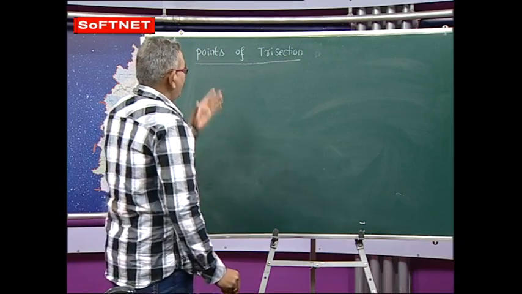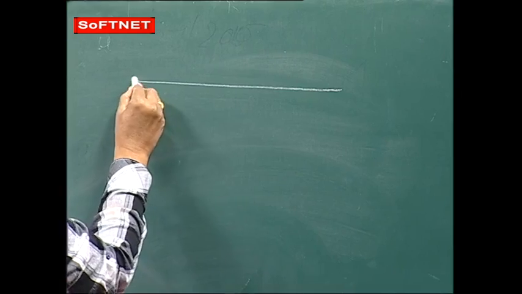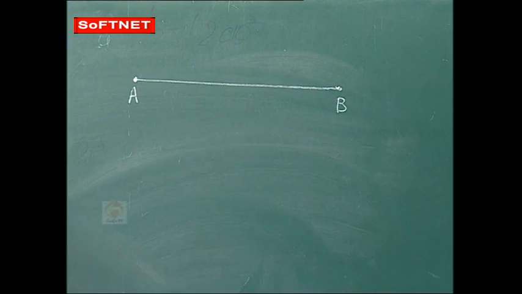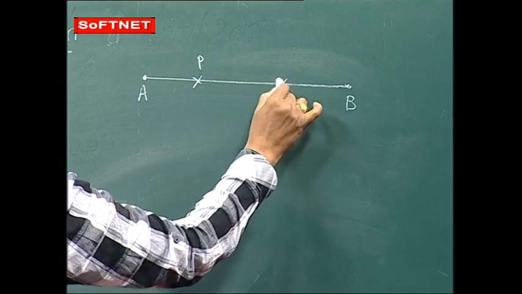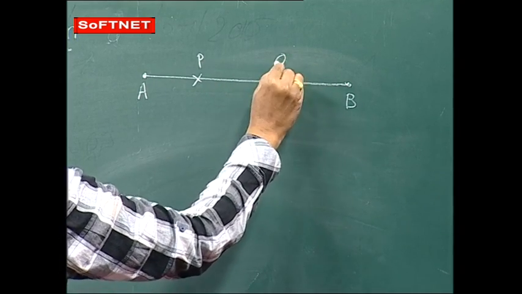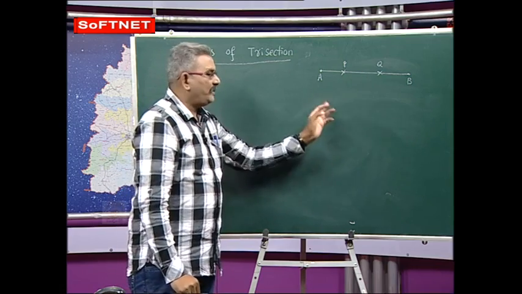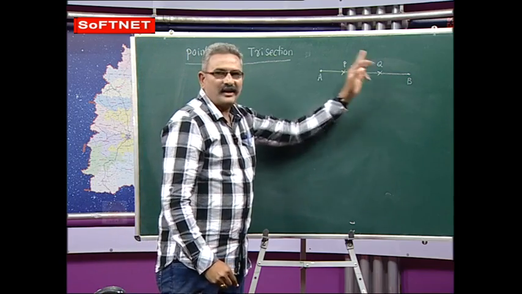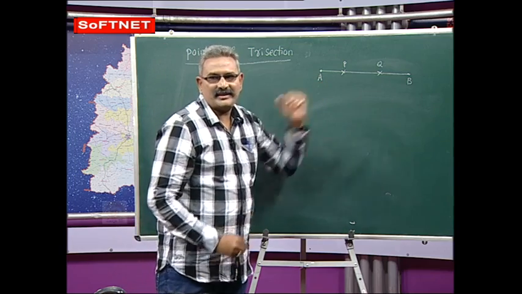Points of trisection means, suppose this is a line segment, say A, this is B. Let us suppose two points, say P, here Q. If P divides AB in the ratio 1:2, and Q divides AB in the ratio 2:1, then P, Q are called points of trisection of AB bar, the line segment.